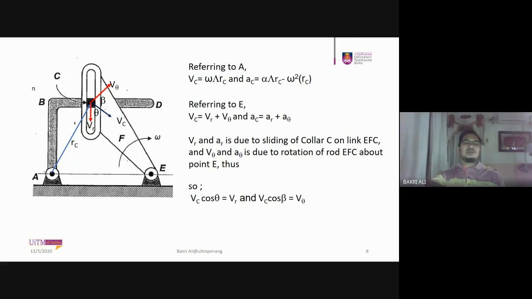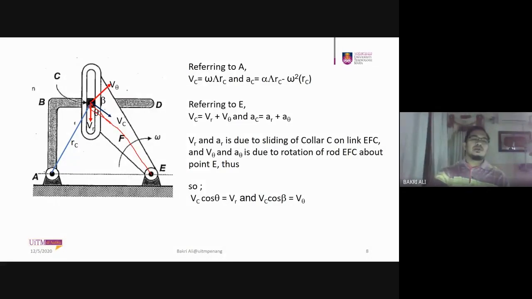Since omega is given on this linkage, then we can link pin C to point B, point E. So again, due to the rotation of link EF, it will produce the tangential velocity V theta perpendicular to the radius.